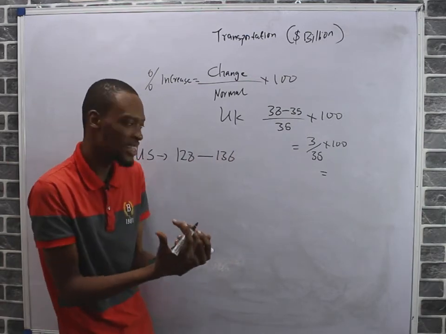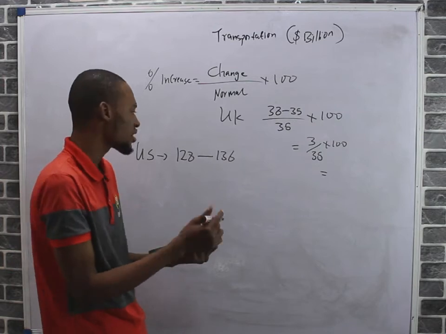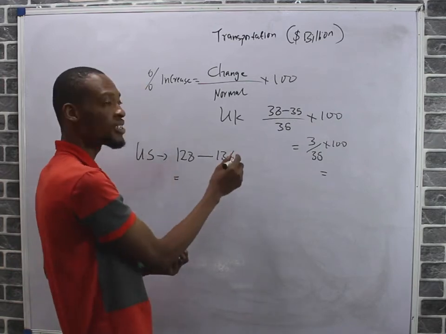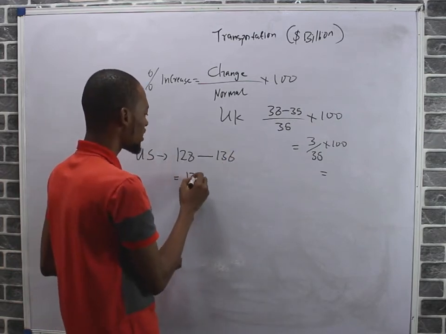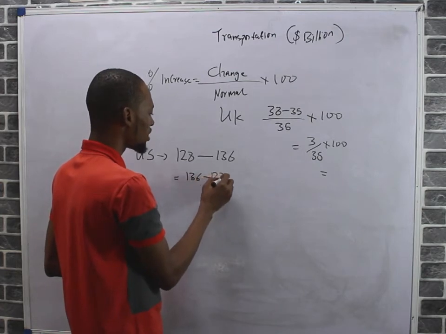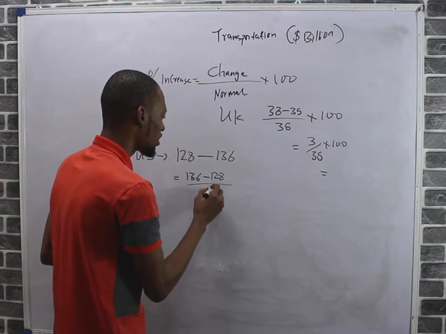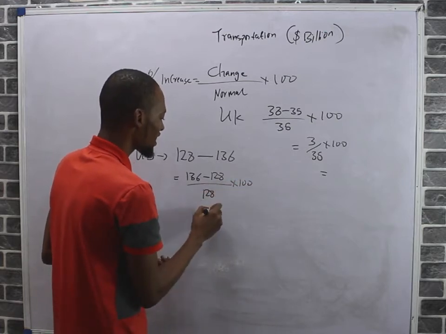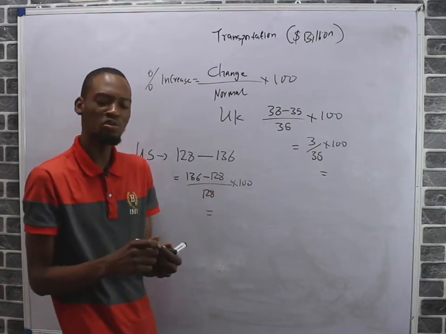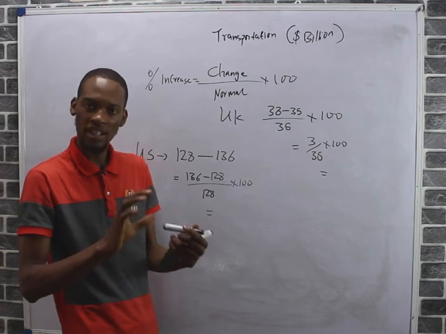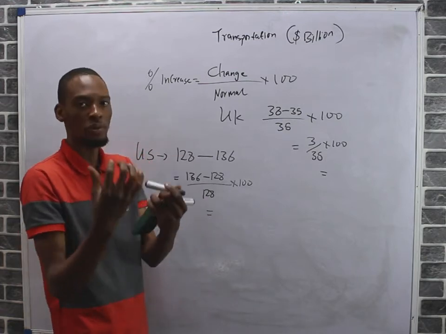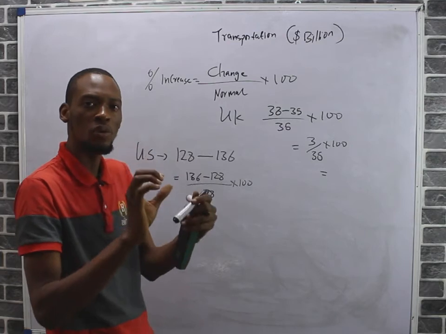The percentage change or the increase is simply the change. The change is 136 minus 128 over how much was it? 128 times 100. Like I said, but let's ignore the zero because it will make no change to the answer. What is bigger will be bigger, and what is smaller will always be smaller.